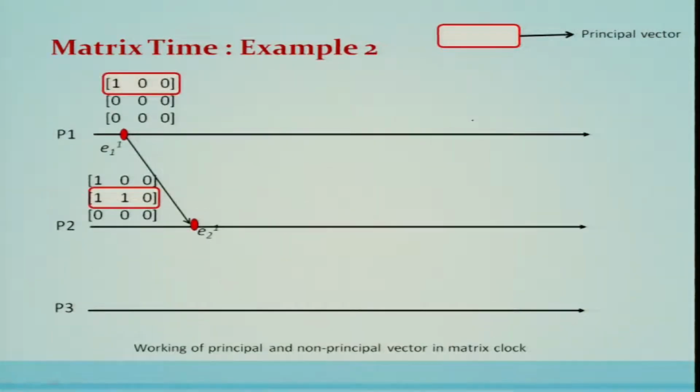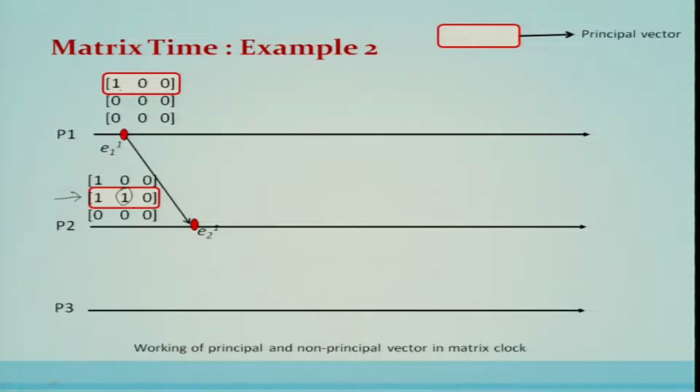In another example, you can see when this particular message is received by P2, so P2 means its vector at the second row. Now its particular event, that is the scalar event, is first updated, and then it will update the vector time.